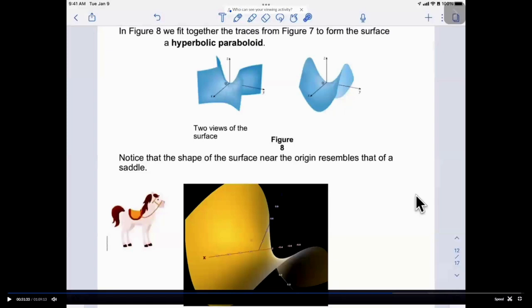Does it look like a saddle? Okay, it looks like a saddle. You see this one, a parabola open down, and this way a parabola open up. And if you cut it horizontally, you have a pair of hyperbolas. Like that. So it's a saddle. For the hyperbolic paraboloid.